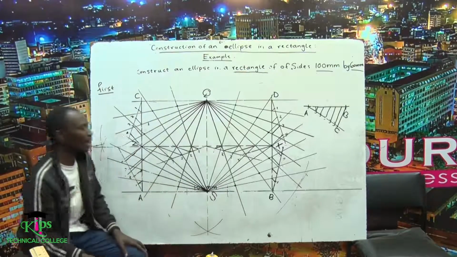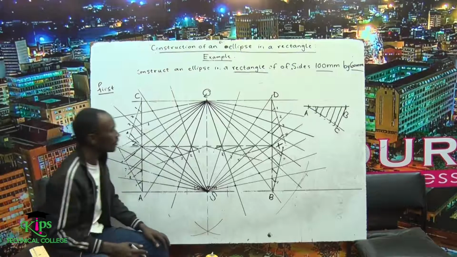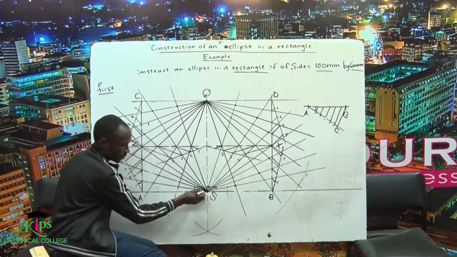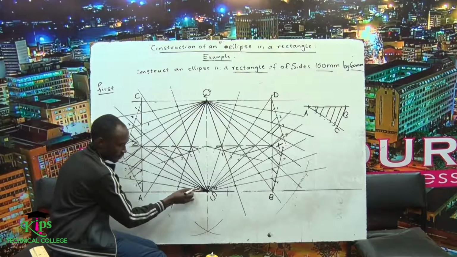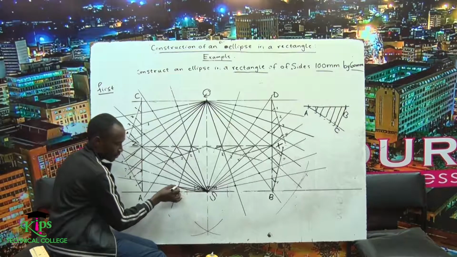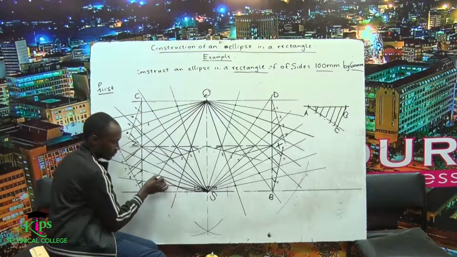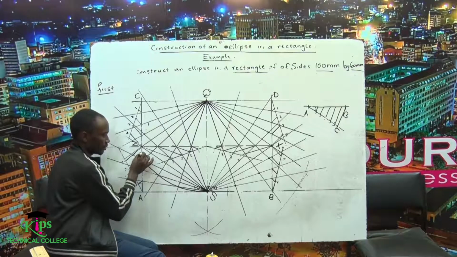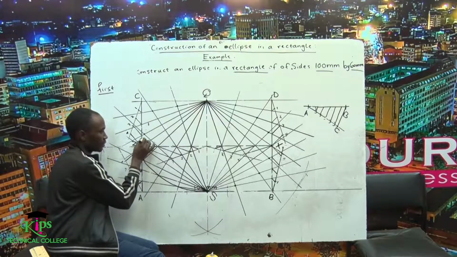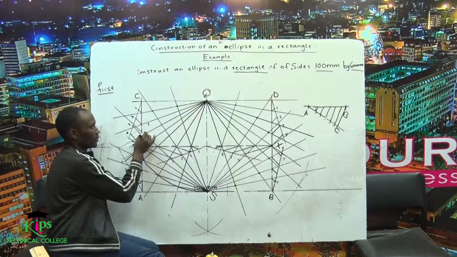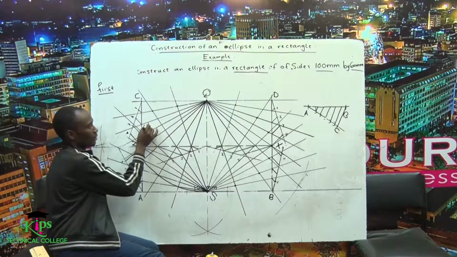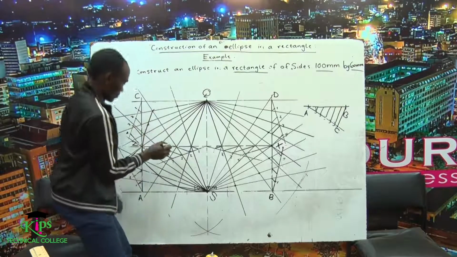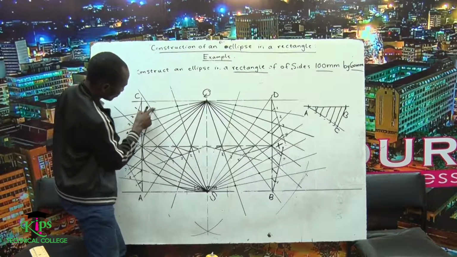So now those are my points. So let me join all of them to get my fair curve. Here.